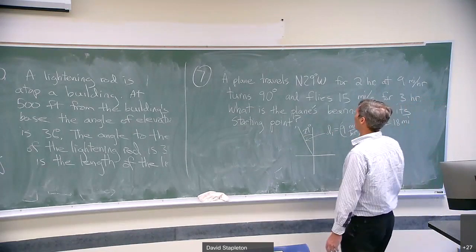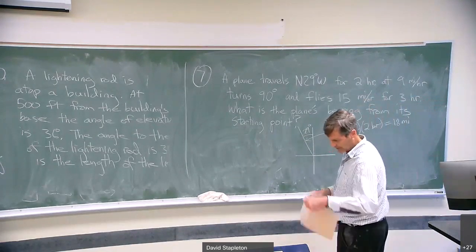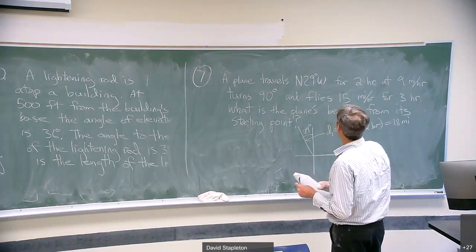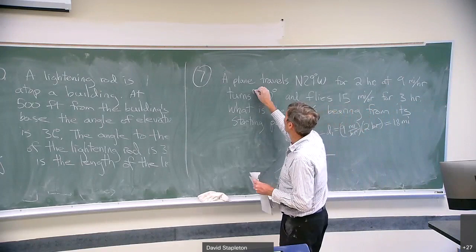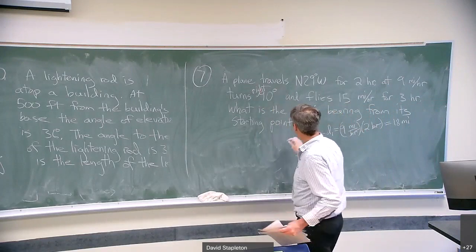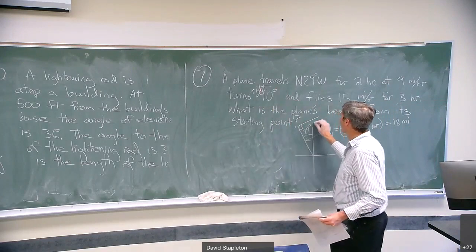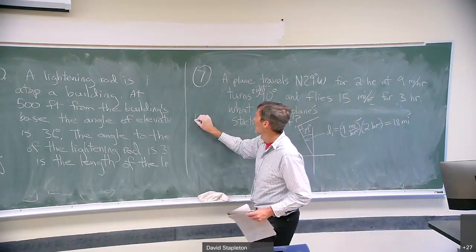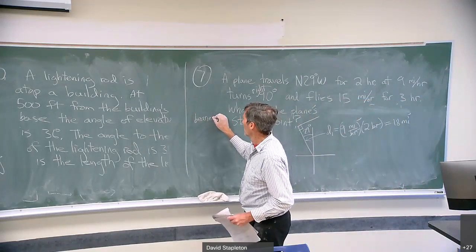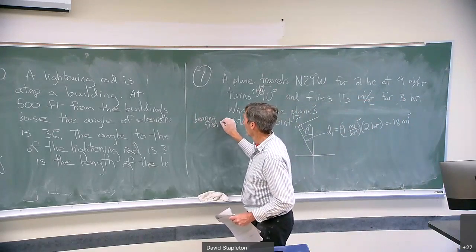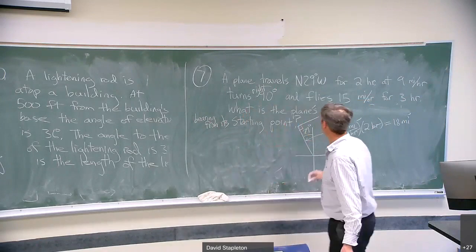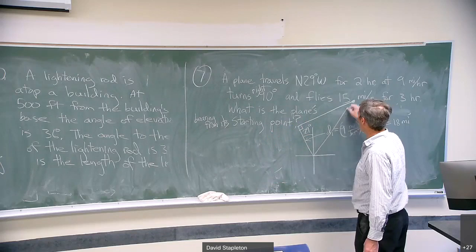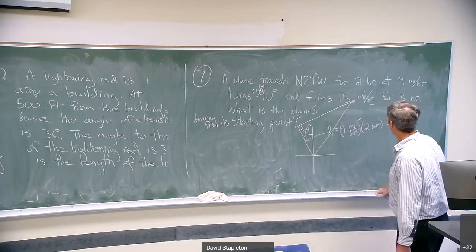It makes a right turn. Which way did it turn? I'm sorry. A right turn. So it goes like this. Now it flies 15 miles per hour for 3 hours, out this way somewhere. And then it's got a final location. You're asking, what's the bearing up there?